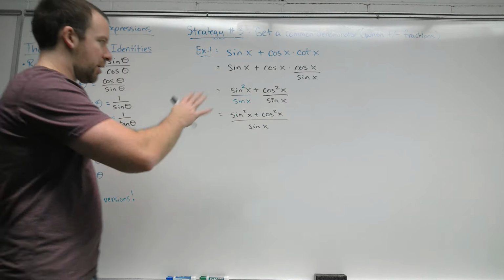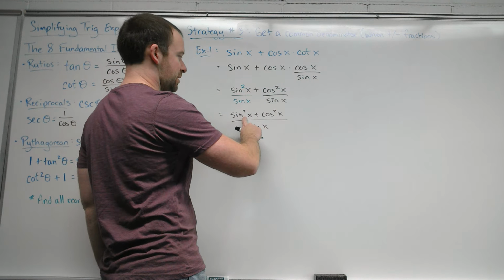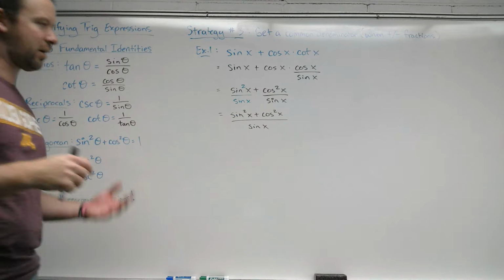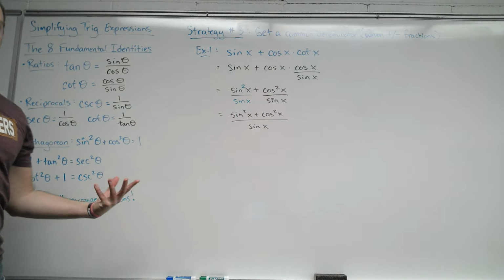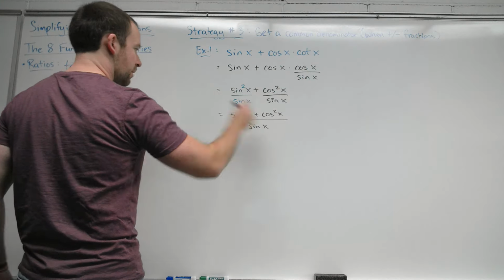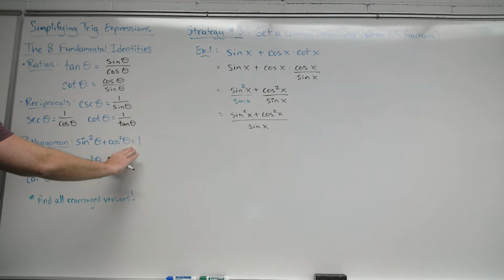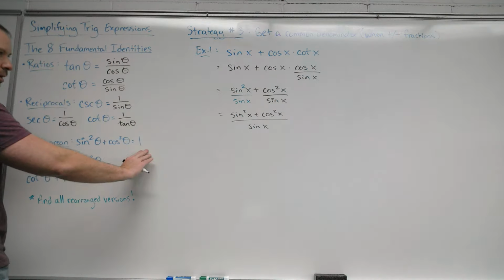Don't separate it out and start trying to cancel stuff. Notice on the top, sine squared plus cosine squared. If I have a couple of squareds, which of these identities should it make me think of? Well, when I have a couple of squareds, I should be thinking of the Pythagorean ones. Look for the one that has sine squared and cosine squared. That is the top one right here. Literally, sine squared plus cosine squared just equals 1.